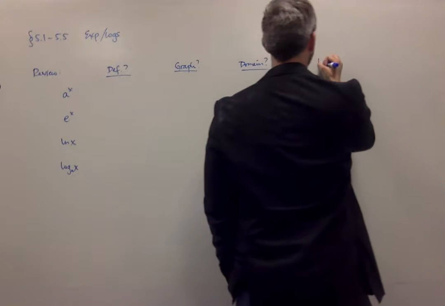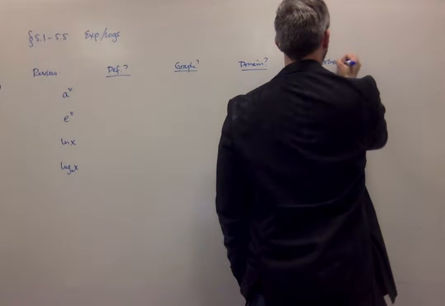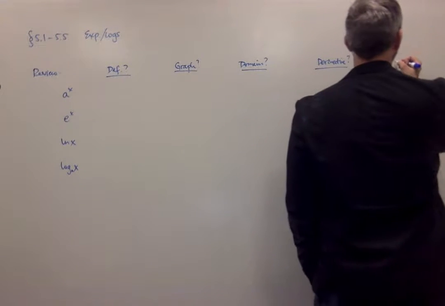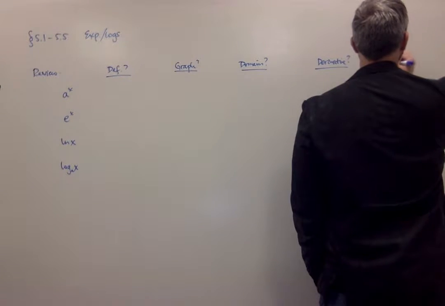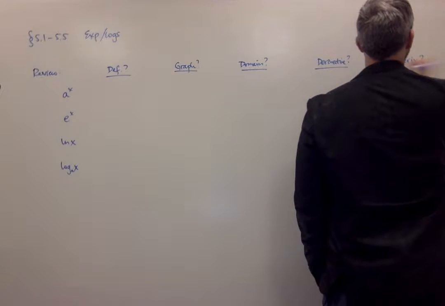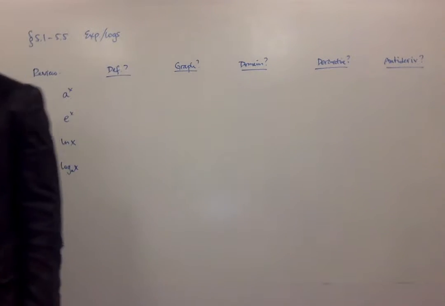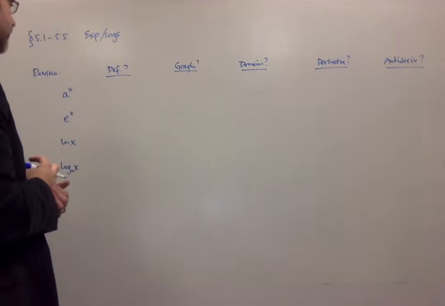And then what's the derivative? And then how do we reconstruct that as an antiderivative? Okay. So let me explain what I mean here.